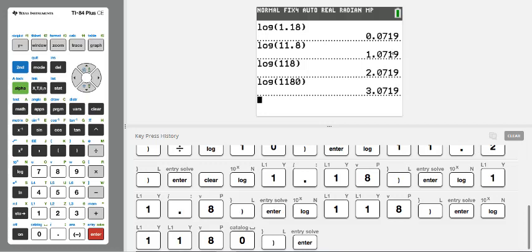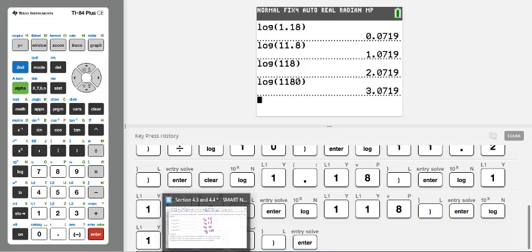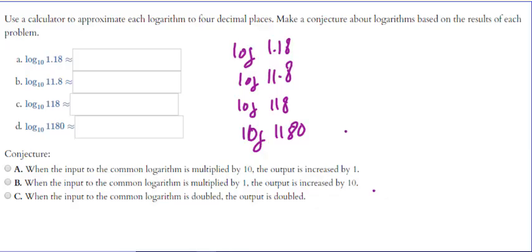increasing by 1 every time, even though the input is going up by a factor of 10, the output's going up by 1. A would be your answer. When the input of the common log is multiplied by 10, the output is increased by 1.